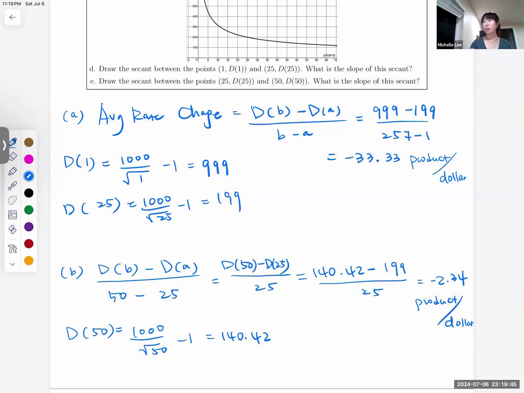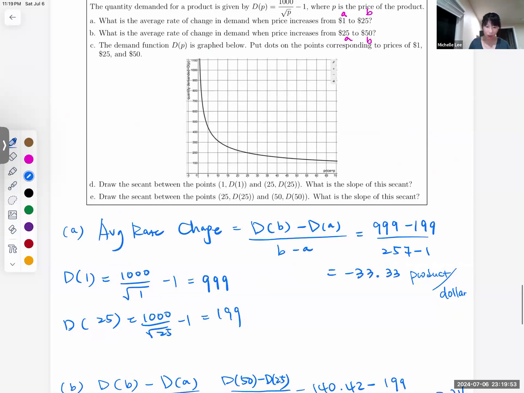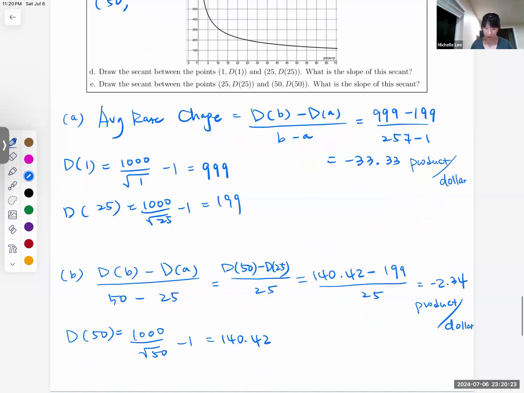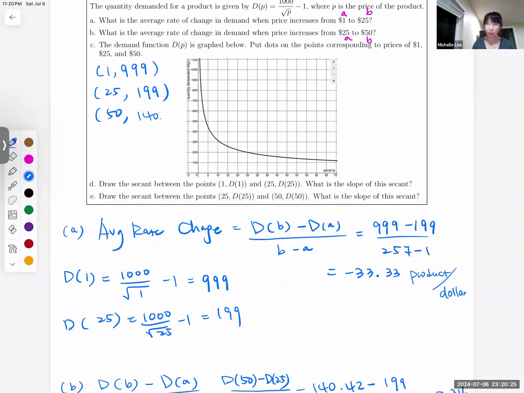Okay. C. Plot the point. So we see that 1 and 999, and 25 and 199, and 50 and 140.42.